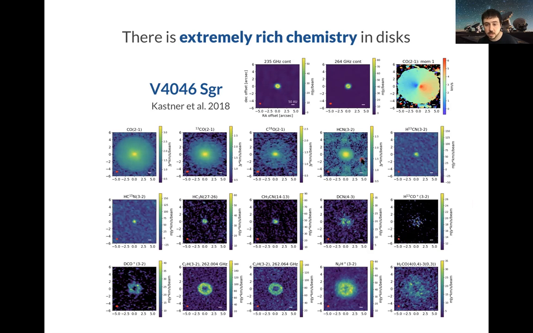We have HCN, DCN, DCO+, N2H+. With all this information, you can study snow lines, which have a great impact on planet formation and the structure of planetary systems. And also, you can do chemistry and study organic compounds. So if you're interested in chemistry, ALMA can get you really interesting data.